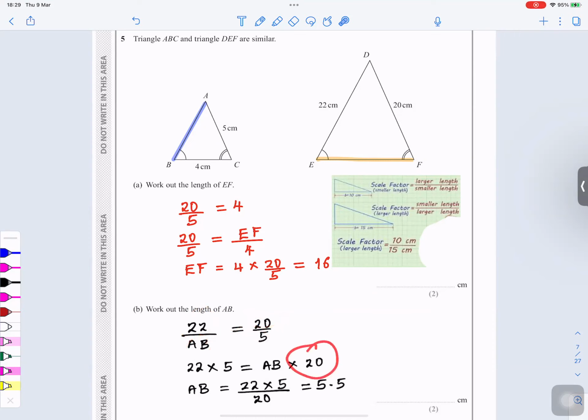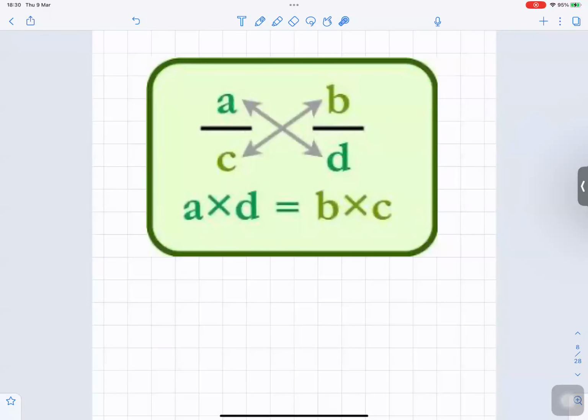After that, you divide by 20, it gives you 5.5. And for cross multiplication, this is the formula that I've used. A times D becomes linear is equals to B times C. So it changes the fractions to this linear form, and you can easily solve it.